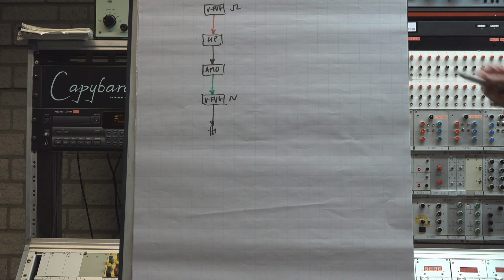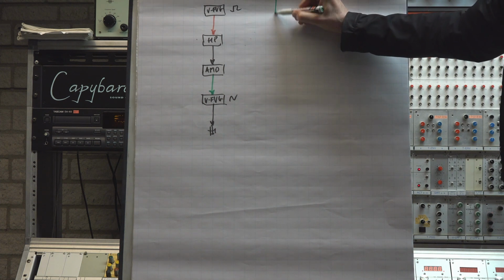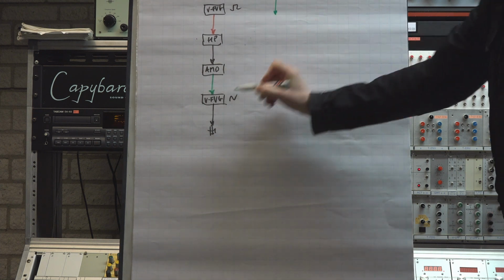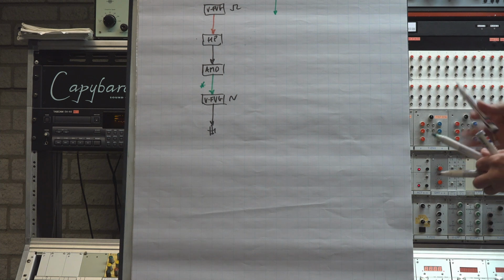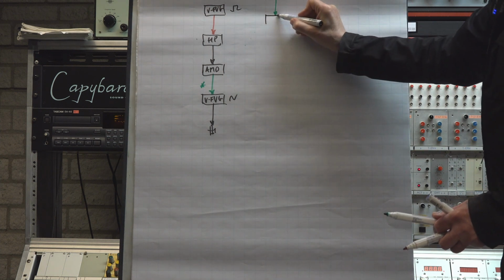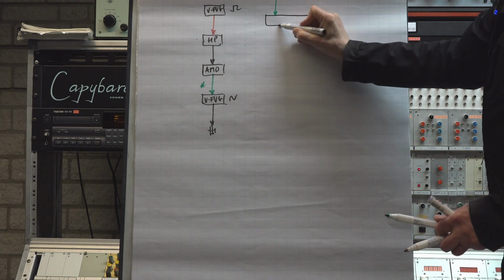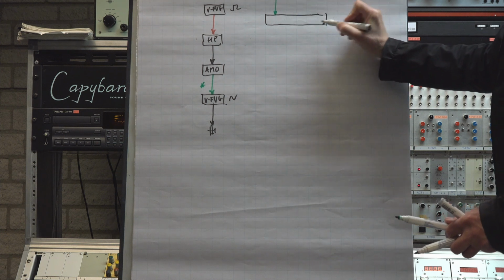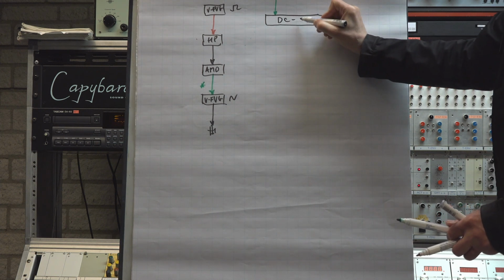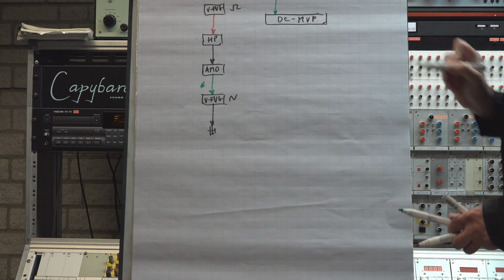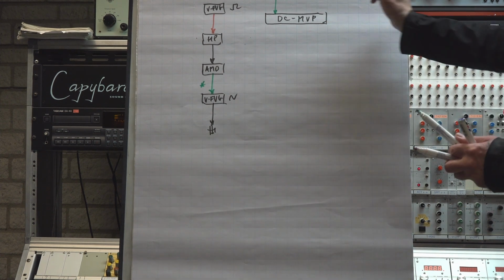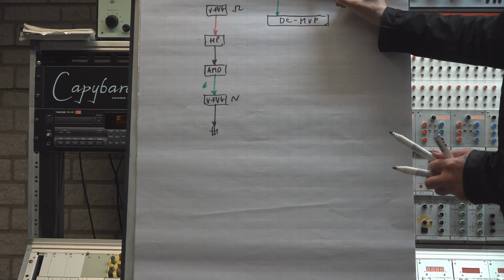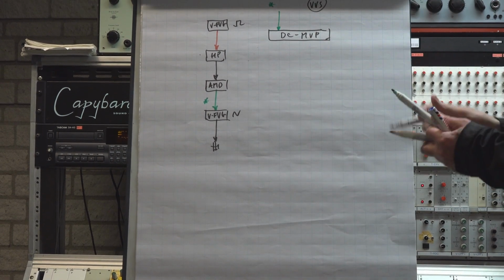So I take the random signal, so that's this one here, and I send it to a DC multiplier. DC multiplier has been used in a previous demonstration.